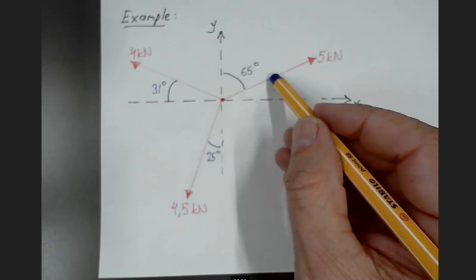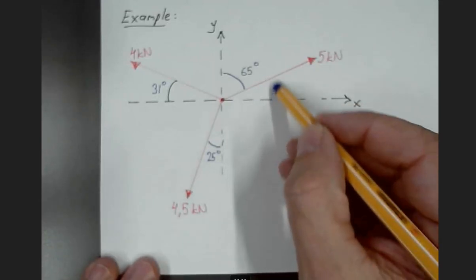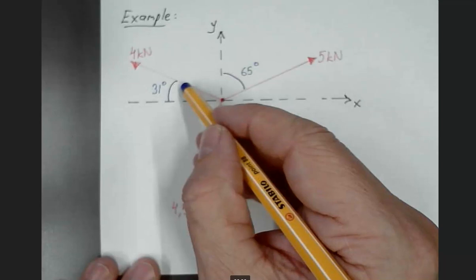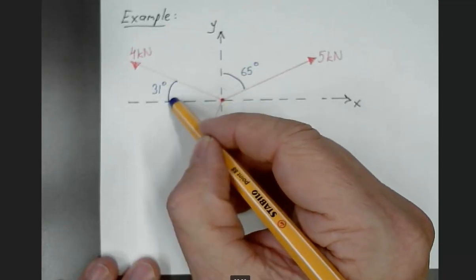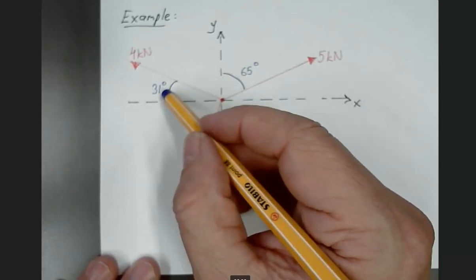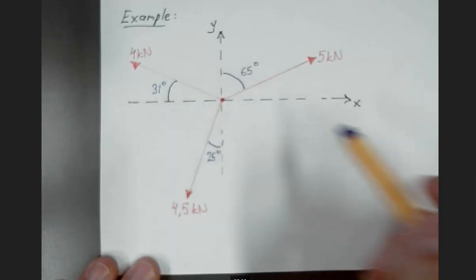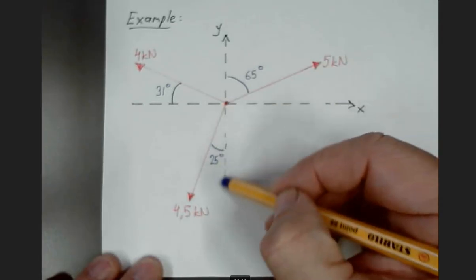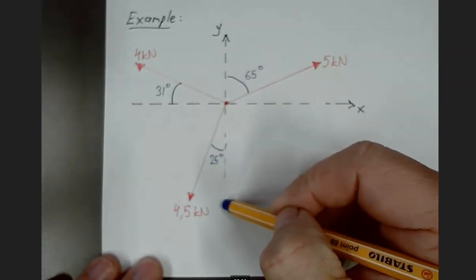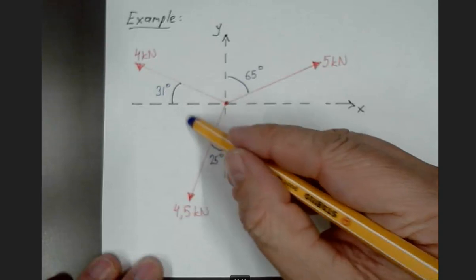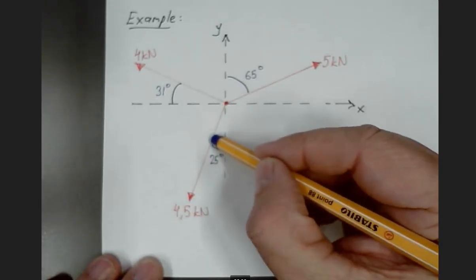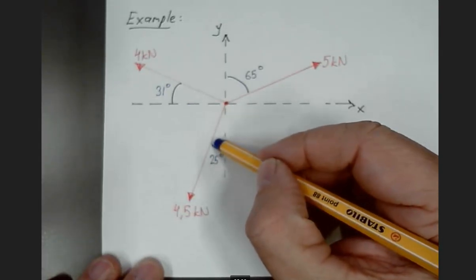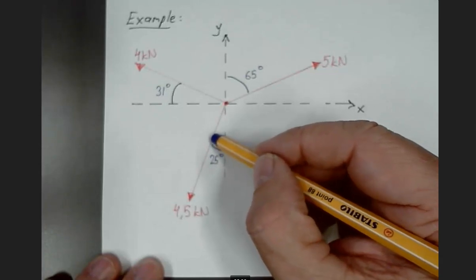That will be 25 degrees. This is already measured from the horizontal plane, so we don't need to do anything with this. But here this angle is measured from the vertical axis, so we need to use this angle here, which would be, I think, 60.